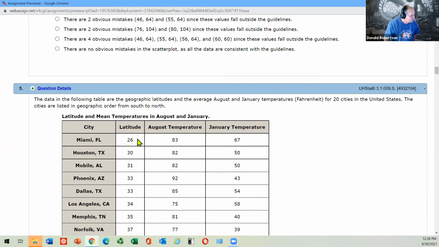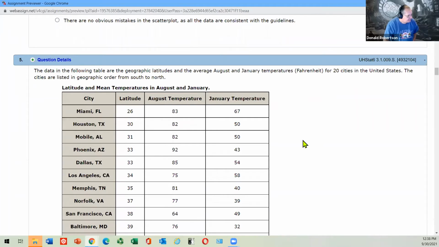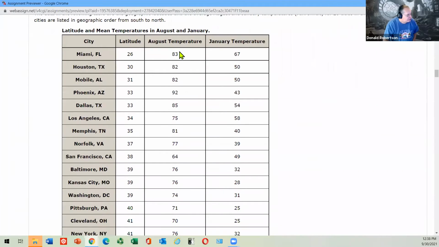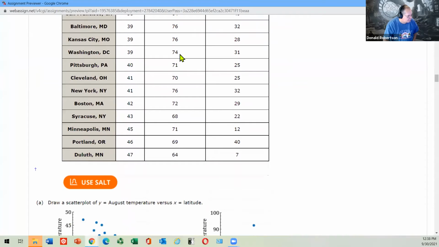And the latitude of it and the average August temperature. So our scatter plot is only going to use the latitude column and the August column. Knowing what the city is interesting, but that doesn't appear in the scatter plot, and we're going to ignore the January for this one.